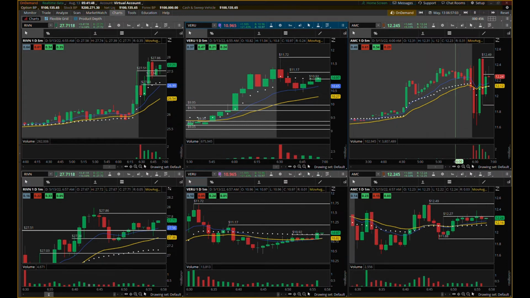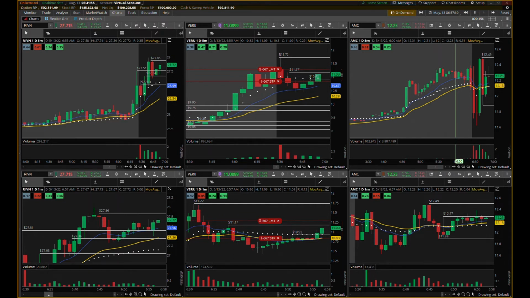I'm going to buy that right there and see if that VWAP holds. This is actually looking pretty good. Let me move that. I'm going to move that order up.